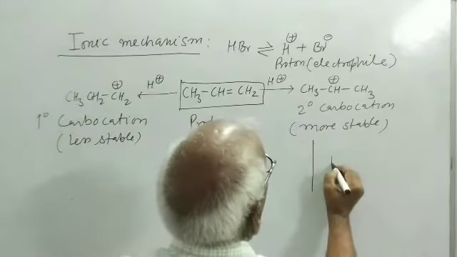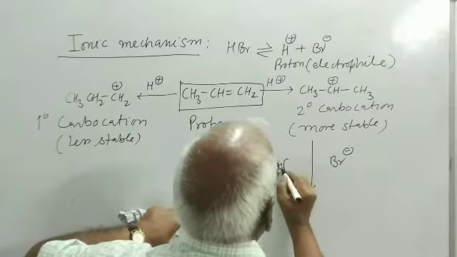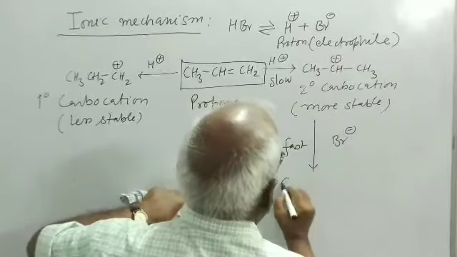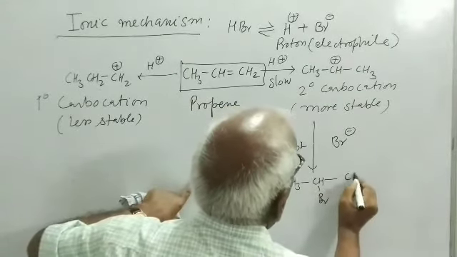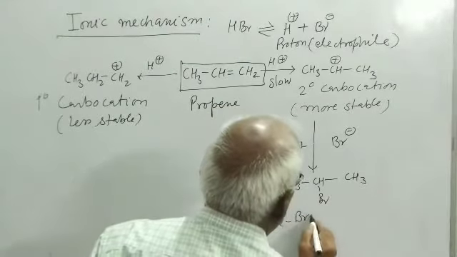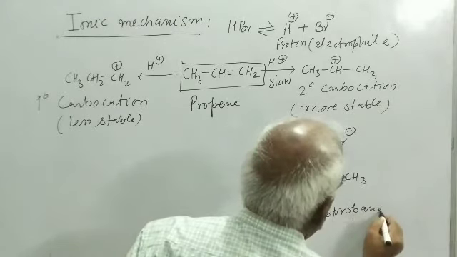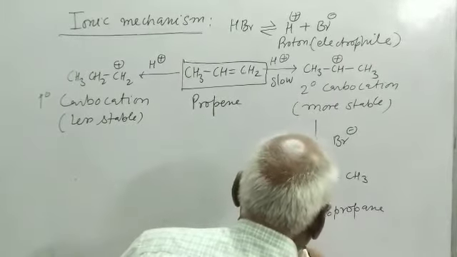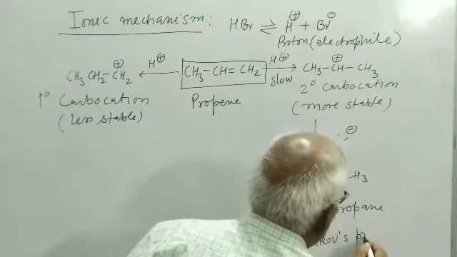Secondly, bromide now attacks on the carbocation center. This is fast. This step is slow. So reaction is CH3 CHBr CH3. This is 2-bromopropane. It is Markovnikov's product.